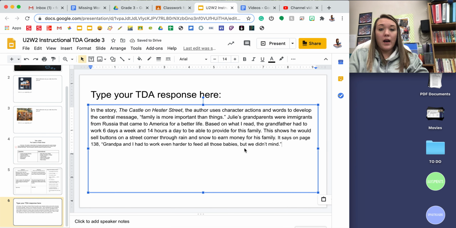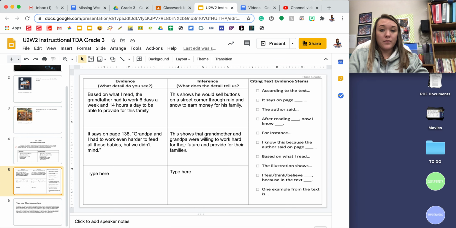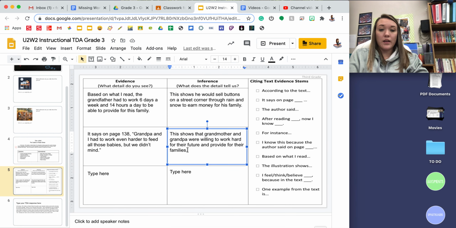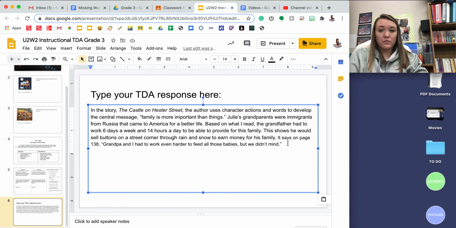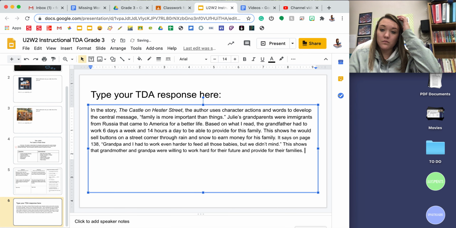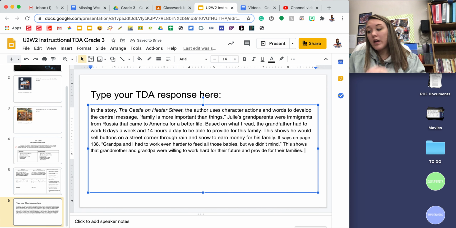I'm going to go back and grab my second and last inference. And then what I need to do to wrap this up is to have a last sentence.